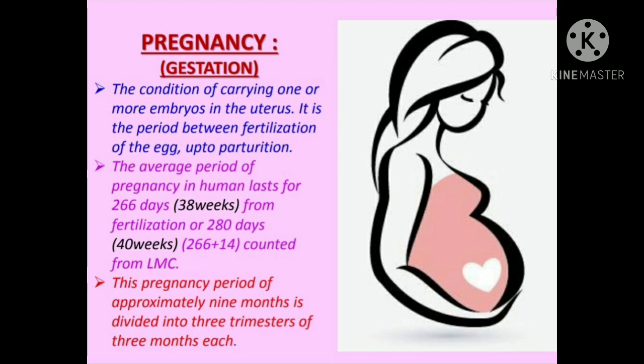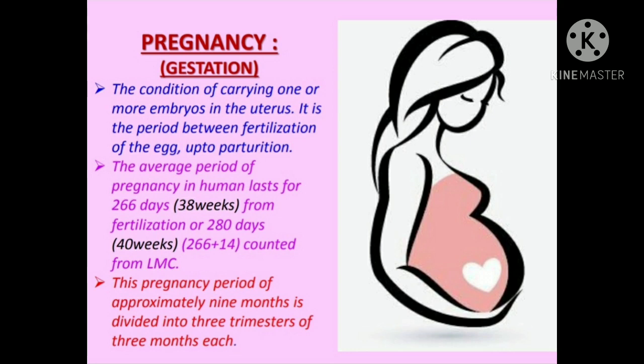Next point, the average period of pregnancy in humans lasts for about 266 days from fertilization, or 280 days counted from LMC, the last menstrual cycle, considering the first day of the last menses.